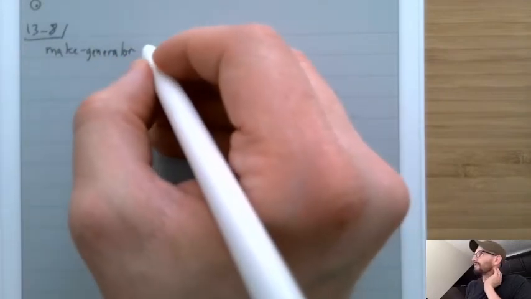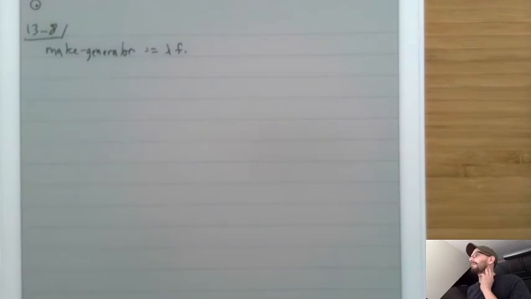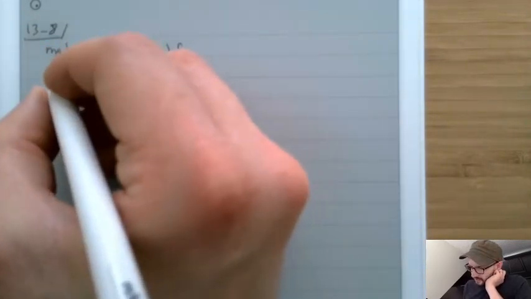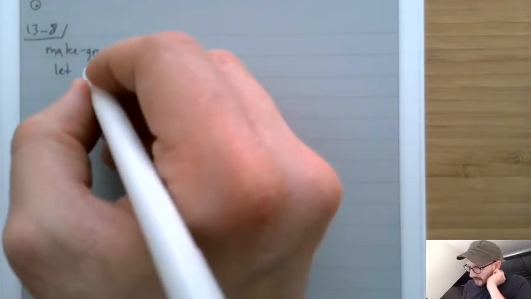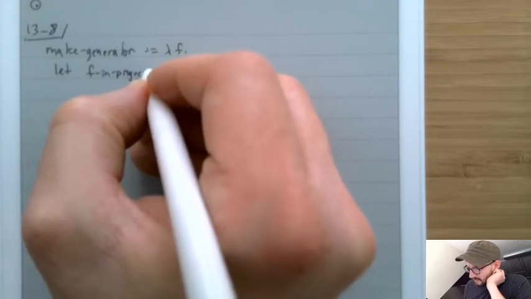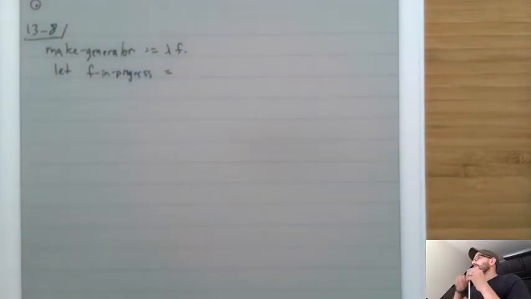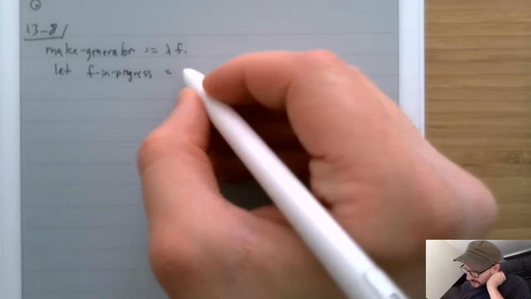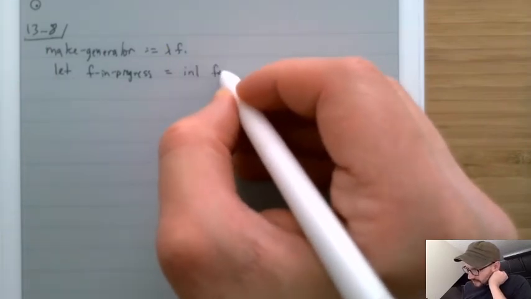So make generator of f is a function that takes in f, and what it does is it's going to say let f in progress be an inLeft of false.